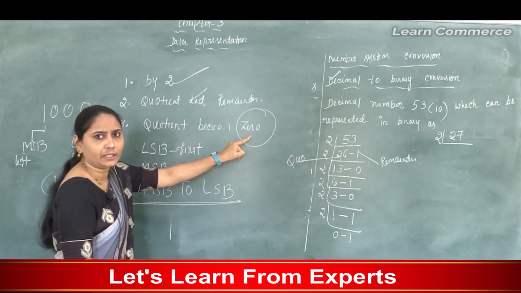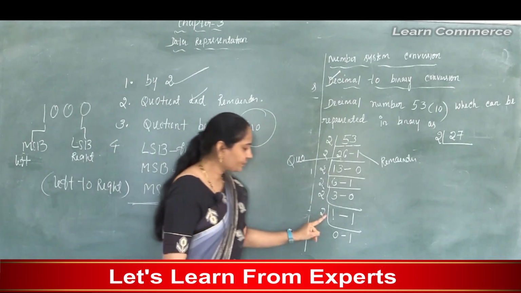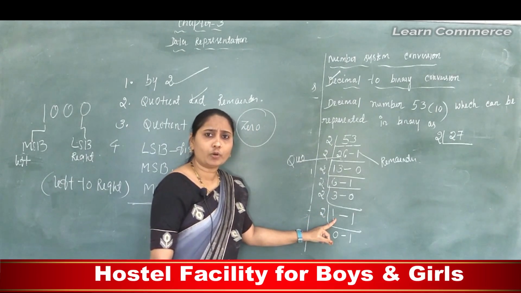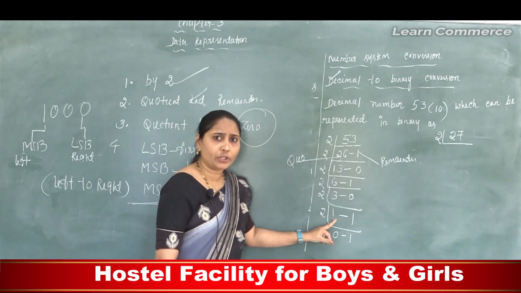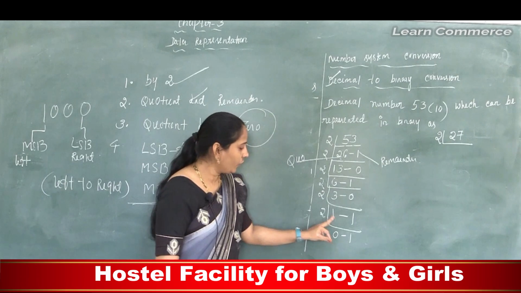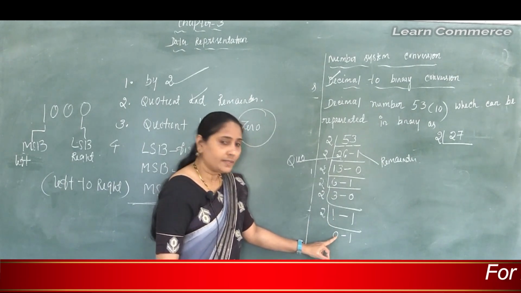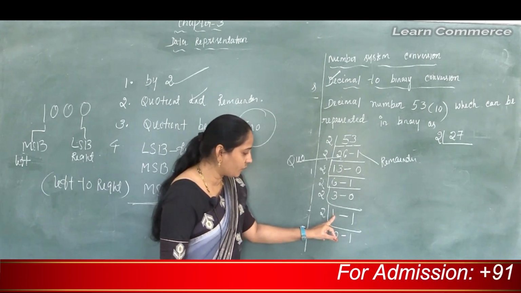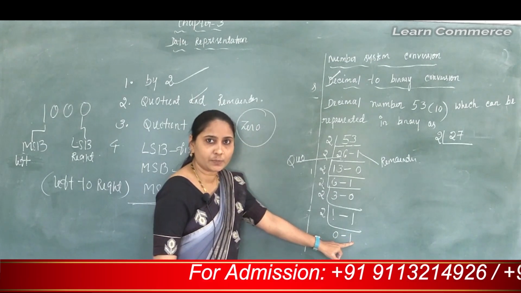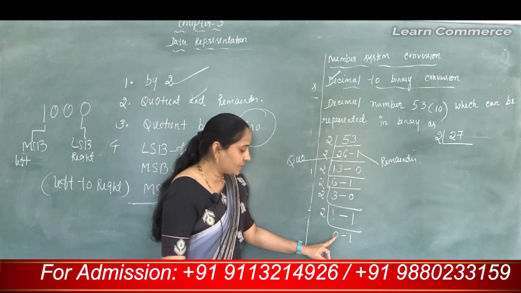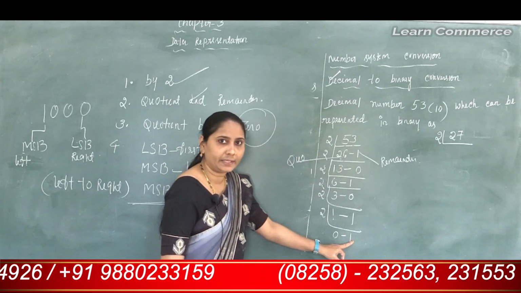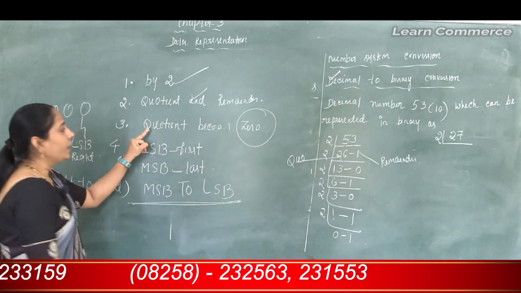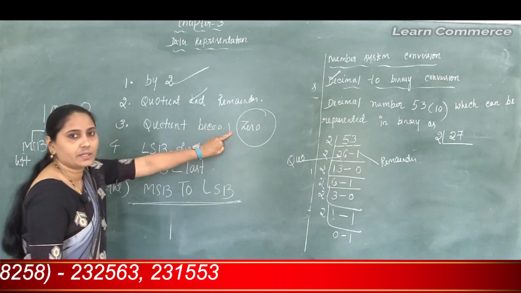Now, will 1 go into 2 when you divide by 2? No. So we write 0 as the quotient, and this 1 we write here as the remainder. So we divide until the quotient becomes 0 here.